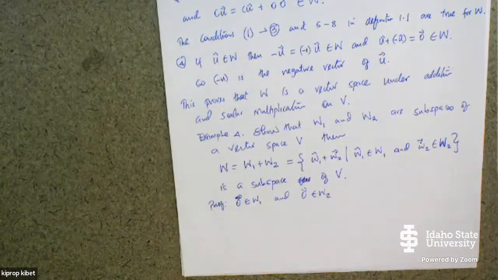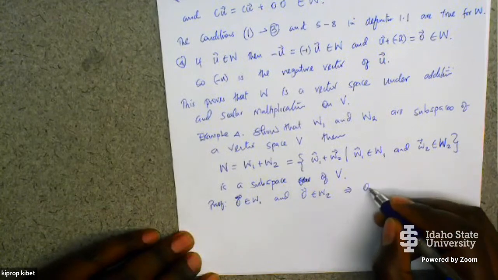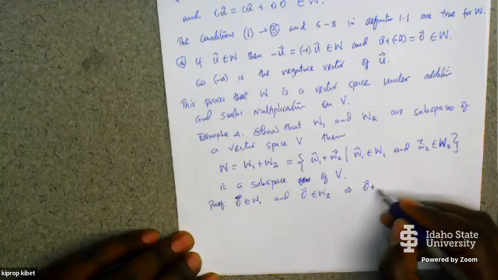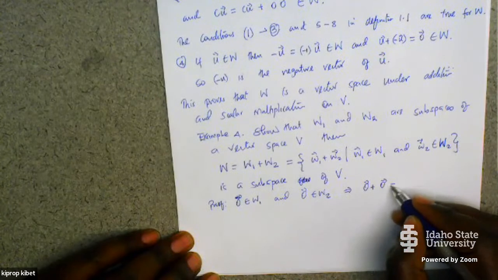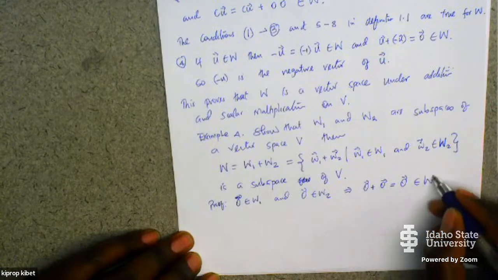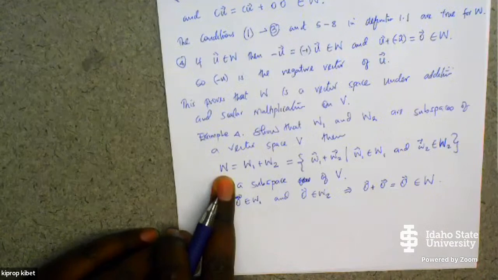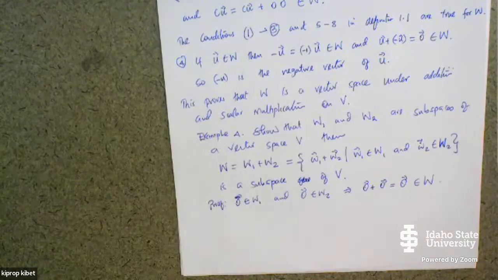Then zero vector plus zero vector is the same as zero vector, and this is in W. So you check whether this satisfies the first subspace test, and it is satisfied.